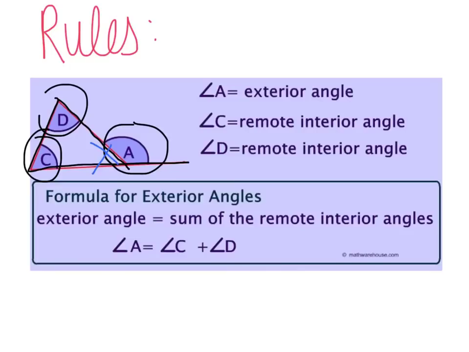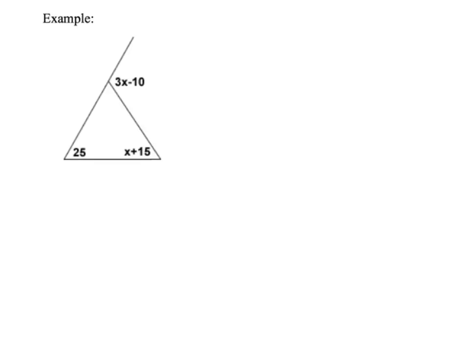In order to solve for either one, your outside angle, so angle A, is always going to equal the sum of your two interior angles. So now we're going to use this concept to solve some problems. Here's our first one. So you always want to, if we circle our exterior angle, it's 3x minus 10.